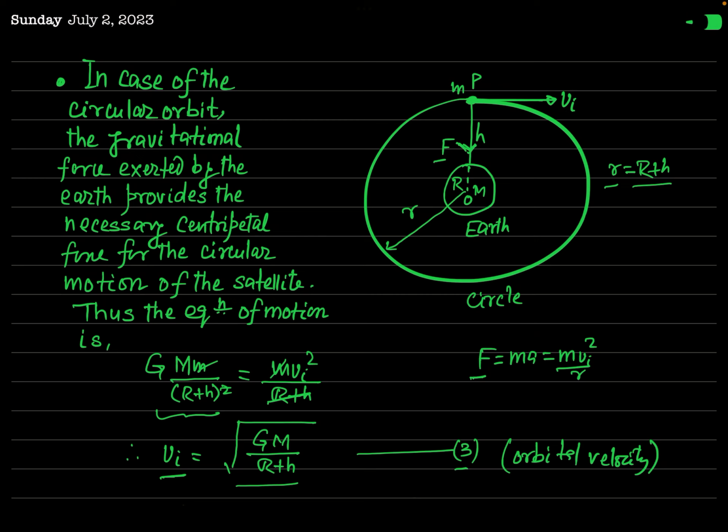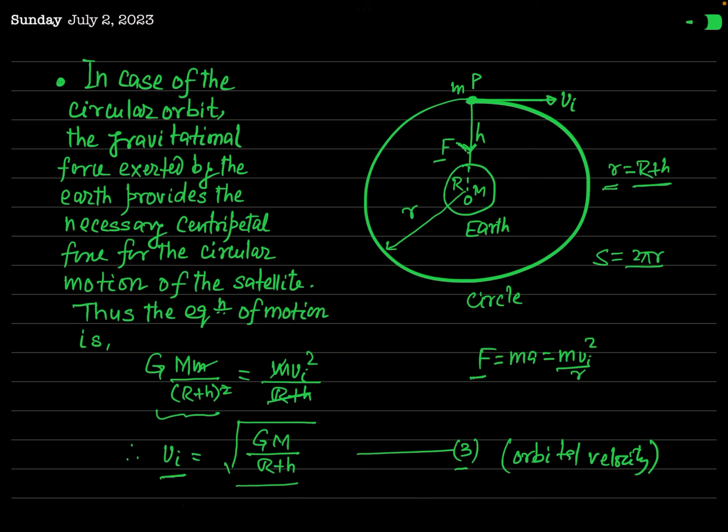That is a very simple calculation. As you can see, the radius of this orbit is small r, which is equal to capital R plus h. So in one revolution, what will be the distance covered by the satellite? That will simply be the circumference of this orbit, which is 2 pi r.